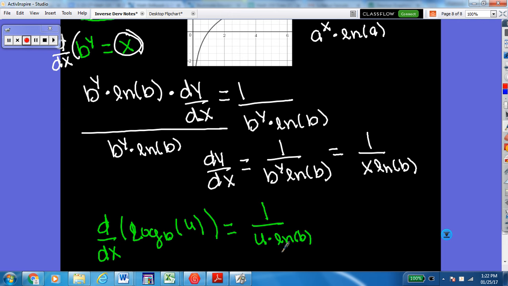And then if it's anything other than x inside, you have to multiply by the derivative of that something.